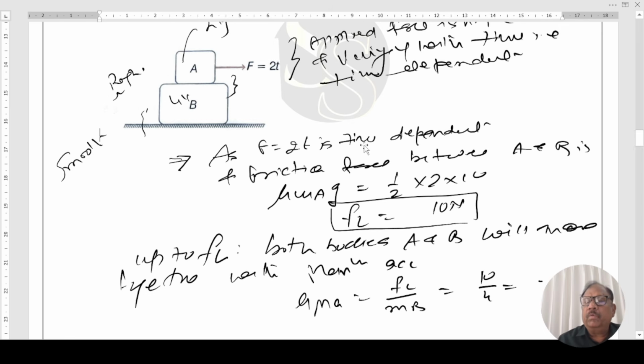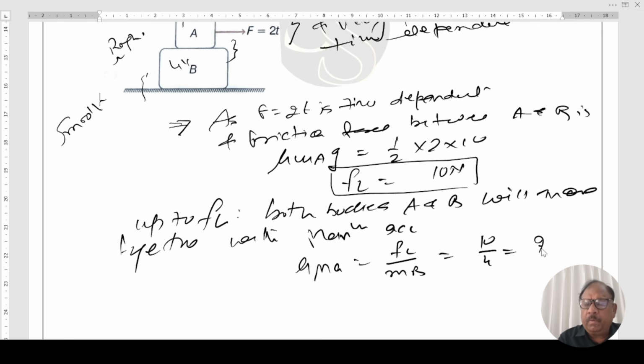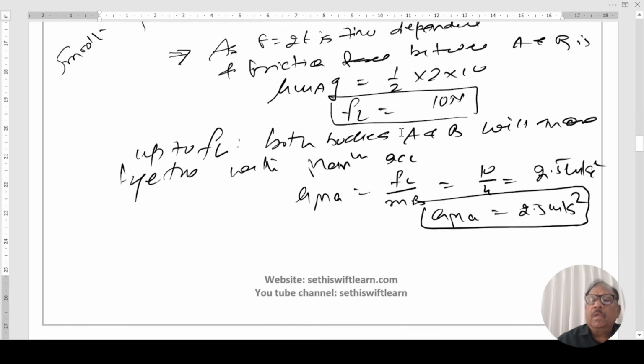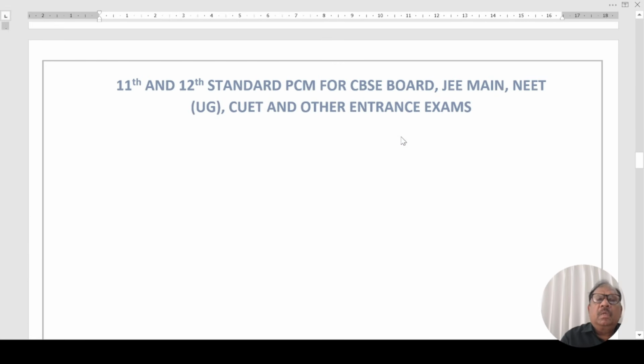That is 10 divided by 4, 2.5 meter per second square. A maximum is 2.5 meter per second square. Right? Now a_B equal to 2.5 meter per second square.